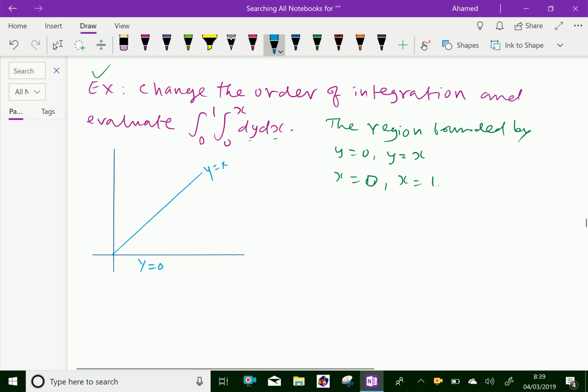Then x equal to 0 is here, and x equal to 1, suppose we take, this is x equal to 1. Therefore, the region of integration is a triangle OAB.